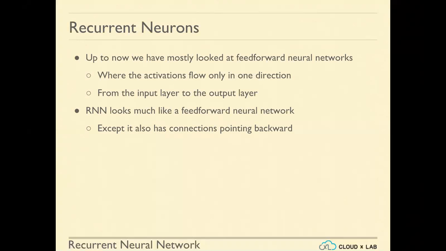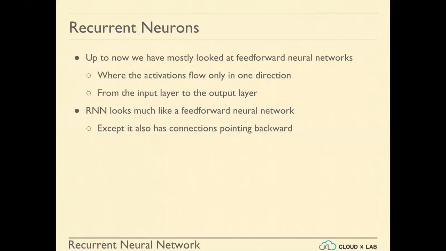All of the things that we have learned so far with respect to neural networks were basically feed-forward, in the sense that we are feeding the data from one side and getting the output, where the activations flow only in one direction, from the input layer to the output layer.